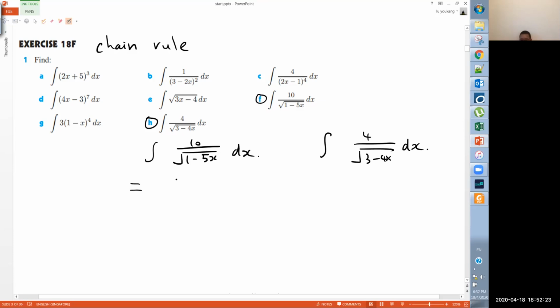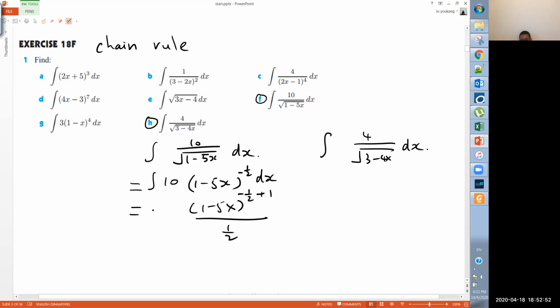For question F, what you need to do first is change this to the power of half. Then you start the integration by adding 1 to the power, and then you bring down the resultant power. Of course, you have your 10.